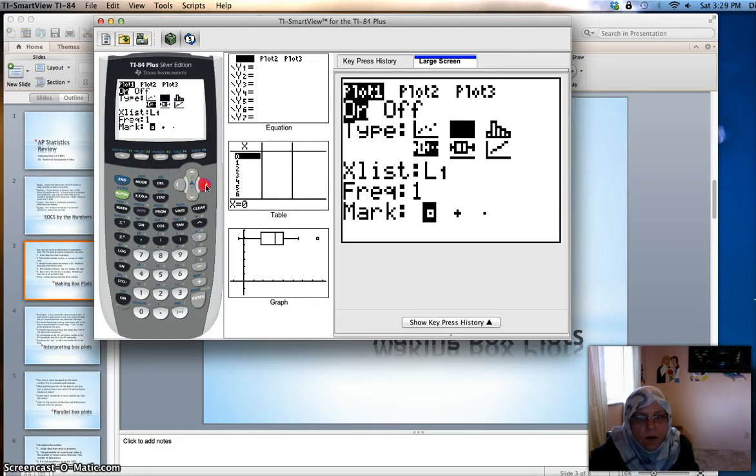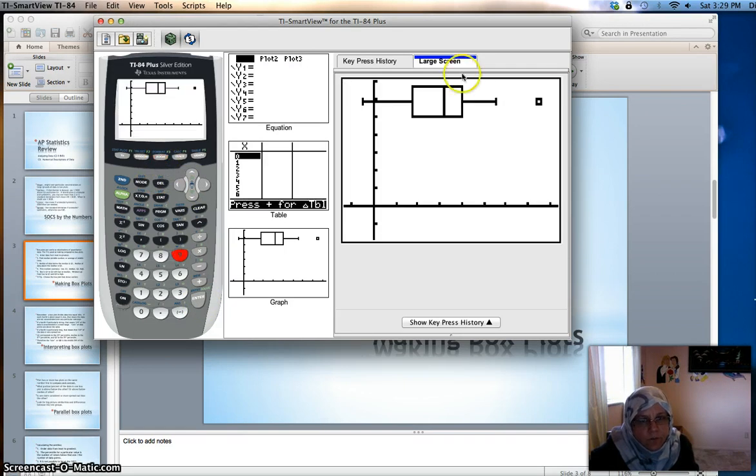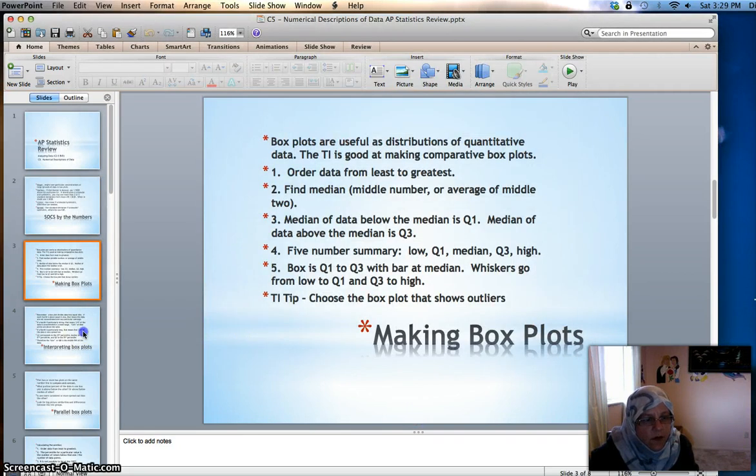And then there are a couple different box plots on here. This is the one that shows outliers. This is the one that doesn't. So when in doubt, probably choose the one that shows outliers. And then zoom 9. And here's our box plot. Okay, we'll come back to that in just a second and see what we need to do to interpret that.